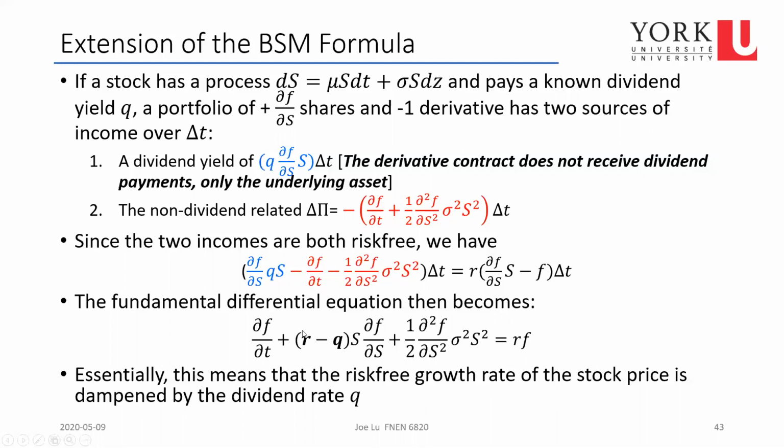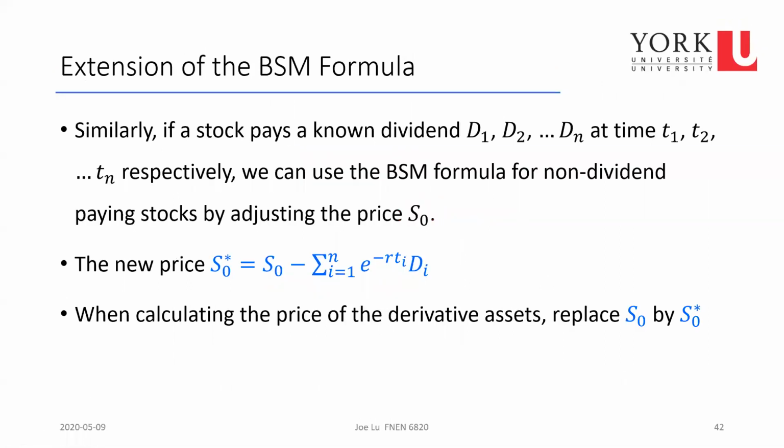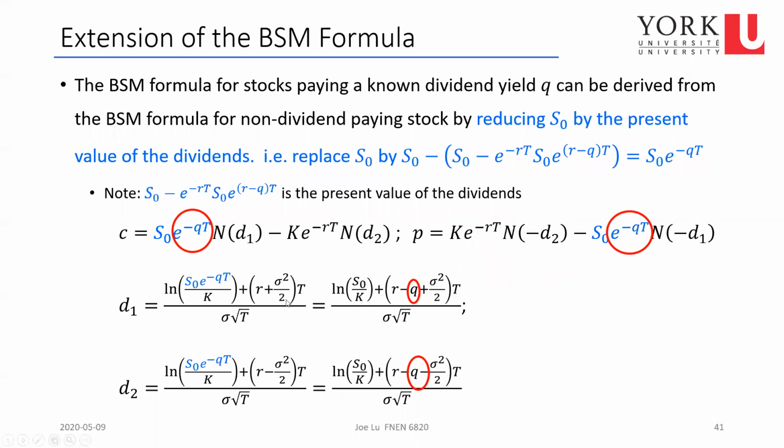So if you solve this particular PDE under the boundary condition for call or for put, you will recover the formula we have here, which should be exactly the same as the intuitive adjustment that we talked about earlier.